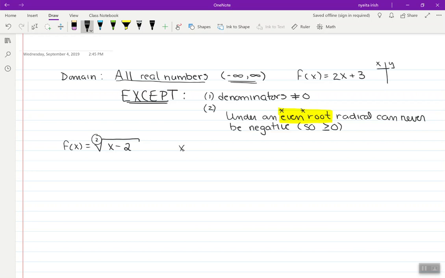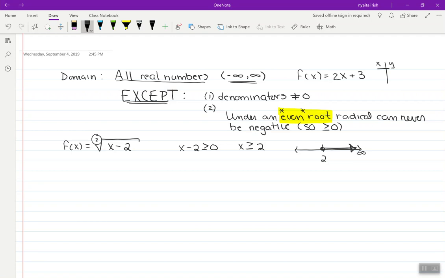So I set x minus 2 greater than or equal to 0 and solve for x. Because there's an equals on here, you can take a look at it on the number line. That means it's a filled in dot on 2 and it goes off in the positive infinity direction.